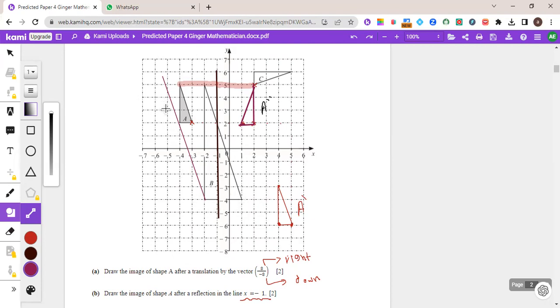Is it correct what I did? I said I need to join each vertex with its image. Correct. What is the image of this point? This one.